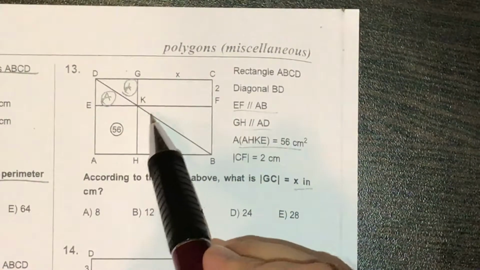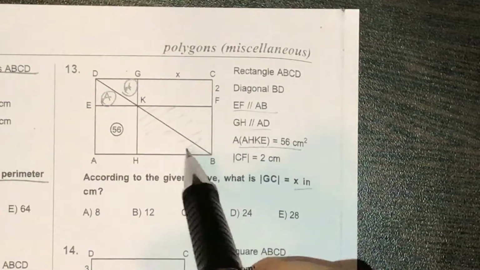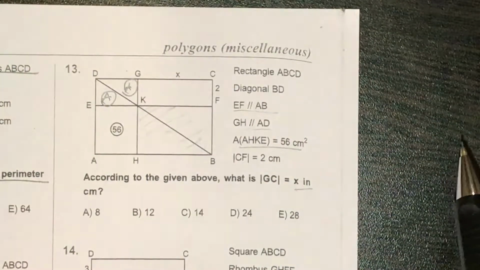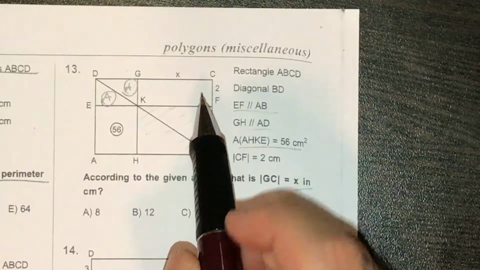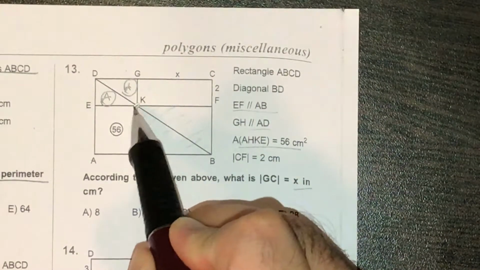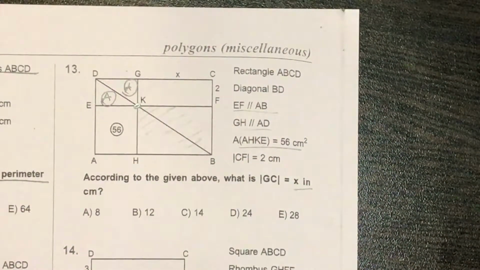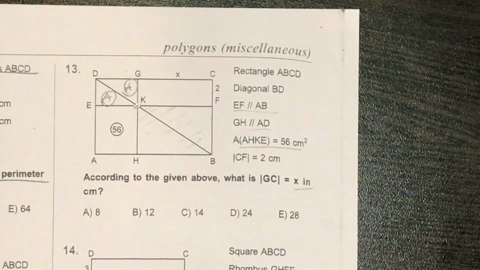Do we know the area of this rectangle? No. Do we know the area of this rectangle? No. But again, remember, if there is a point inside the rectangle like this one, it will divide accordingly.